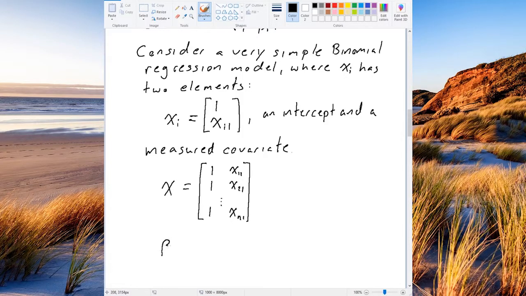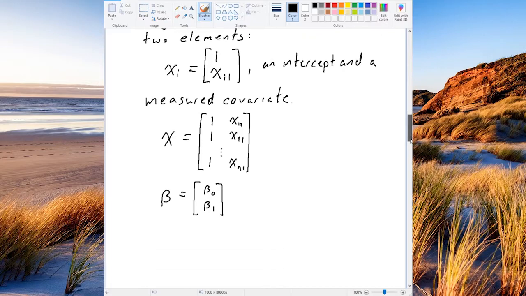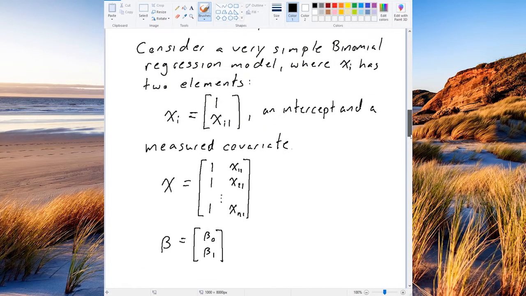Which means that beta is going to be beta 0, beta 1, so that my 1 here can match my 1 on the x's. Okay, so this is a setup we want to consider for understanding how to build priors on a regression model. We've got just two elements to x. We've got an intercept and we've got a measured covariate.